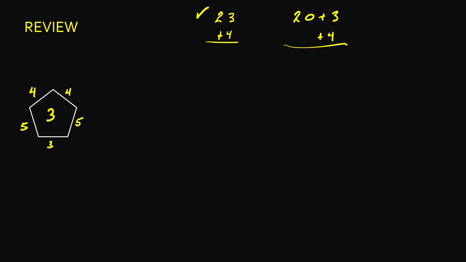You would have 3 add 4 was 7. There were no tens places. So you bring down the 20 and the addition, and you would get 27.